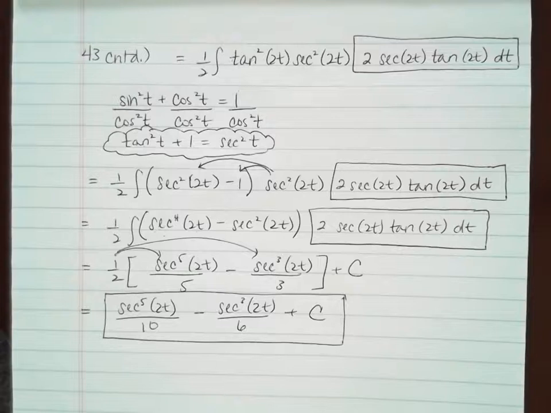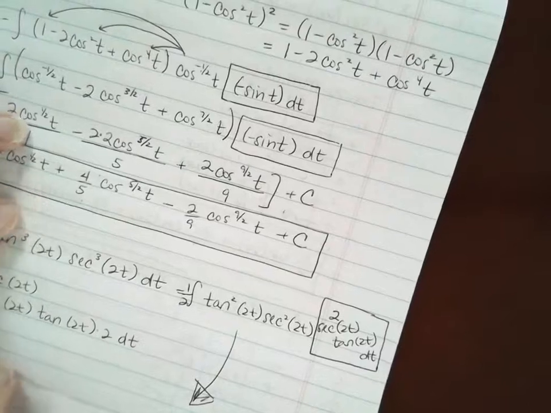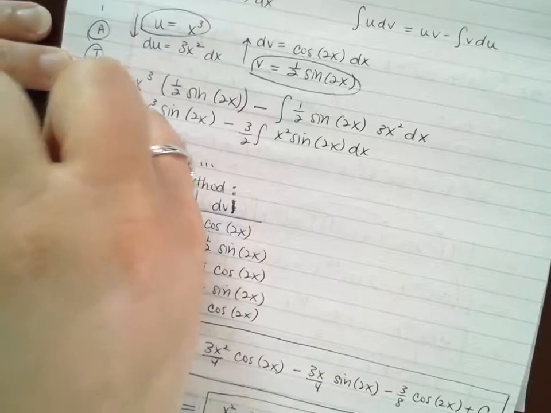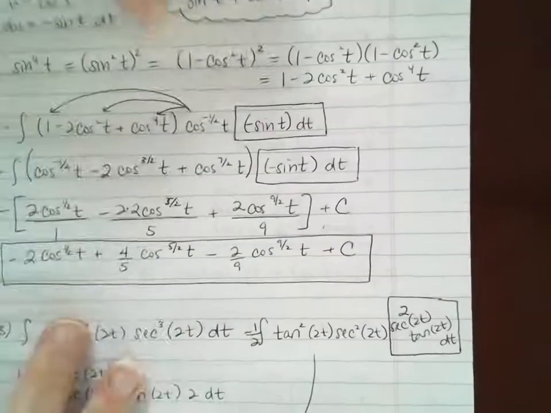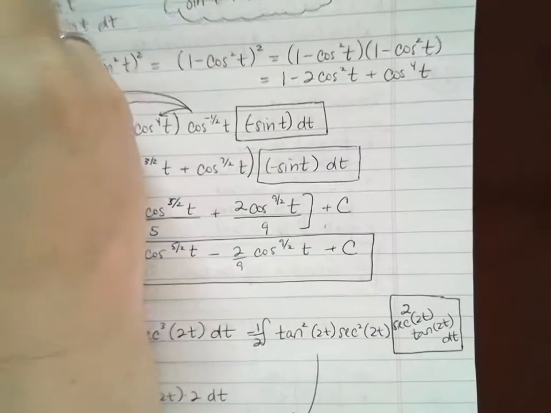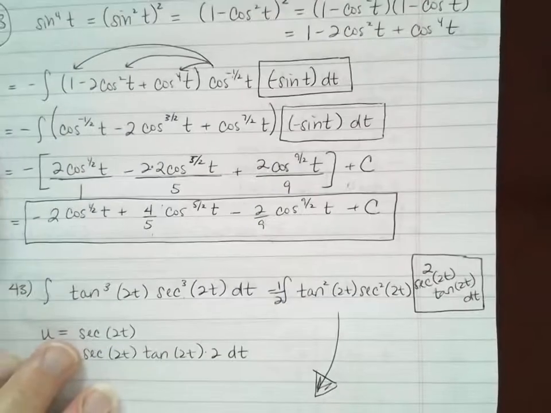So that was trig integrals. We're going to jump to trig sub now. Let me keep track of these on my notes. We started with 8.2. Did we skip a 42?